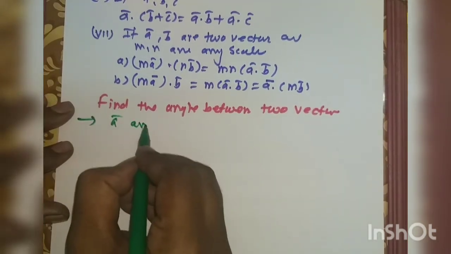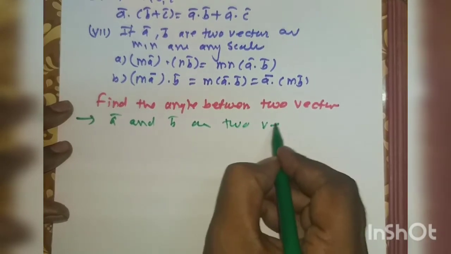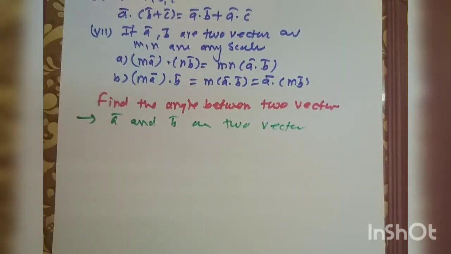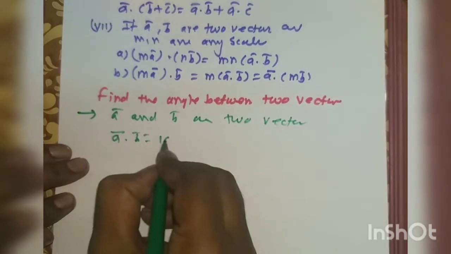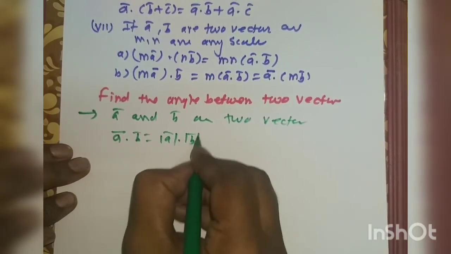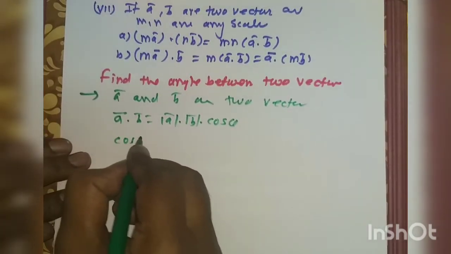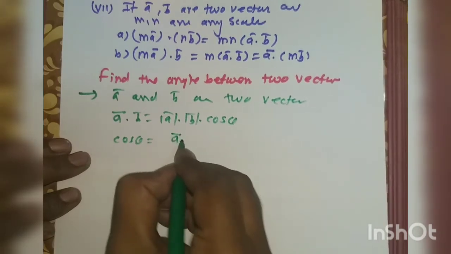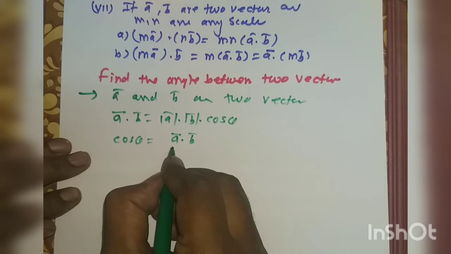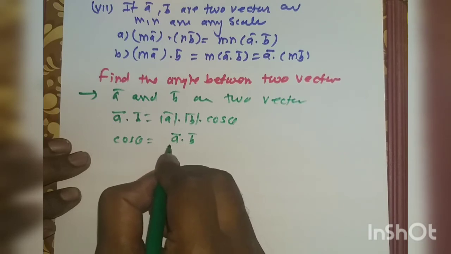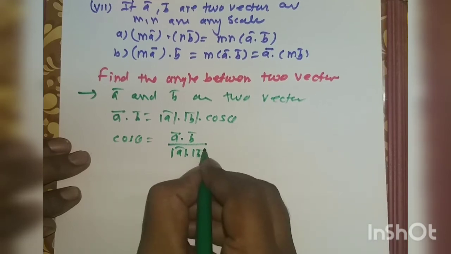a bar and b bar are two vectors. Now we find the angle, that is, we know that a bar dot b bar is equal to mod of a bar into mod of b bar into cosine of theta. Now cosine of theta is equal to a bar dot b bar, the dot product which is a scalar value, divided by mod of a bar into mod of b bar.